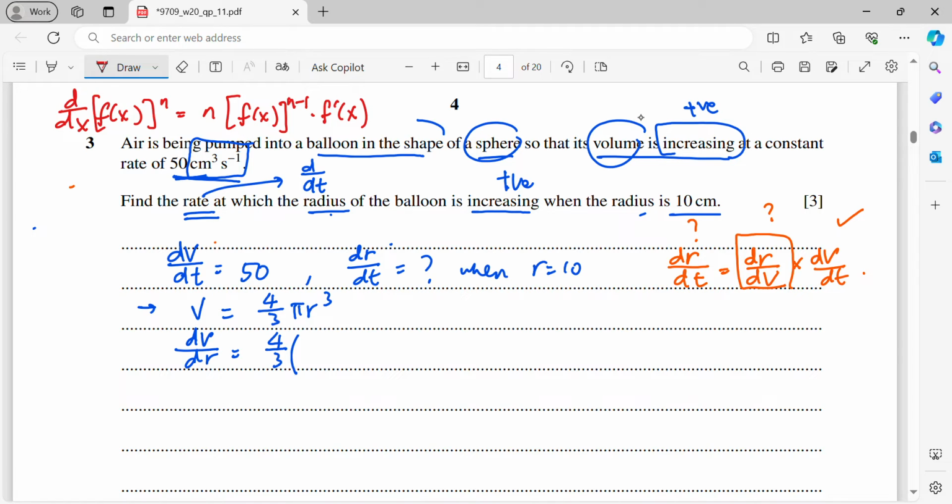When you differentiate any function, let's say just x to the degree n, I will bring down the n, rewrite the x, and the degree becomes n minus 1. So now from here, I keep the pi, differentiate r cubed, it will be 3r squared. Then from here, I can simplify. The 3 can be cancelled off. So I'm getting 4 pi r squared.